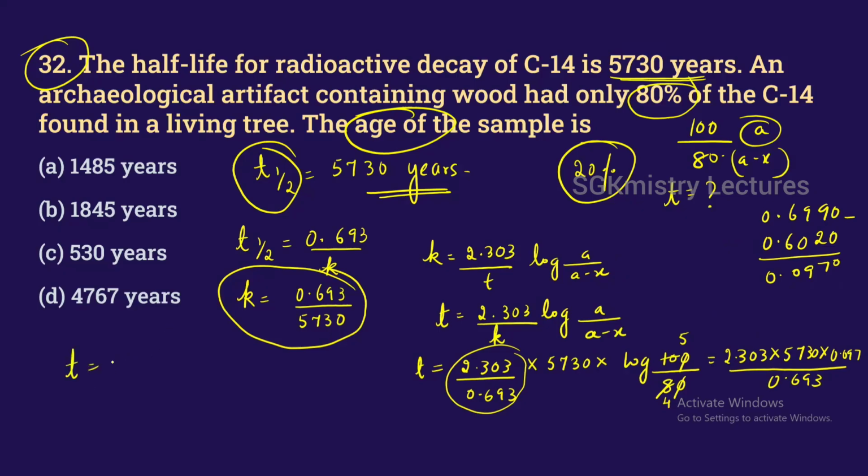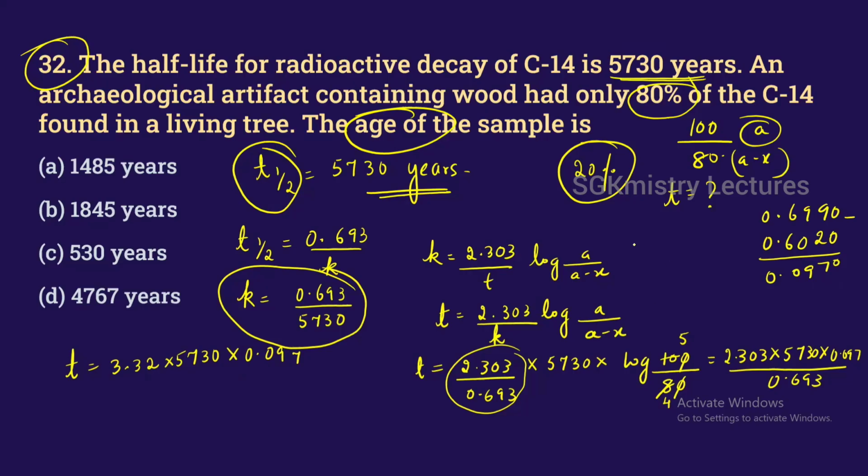So this is almost equal to 3.32. So I'll write it directly: 3.32 into 5730 into 0.097, right? So now let me find out 5730 into 3.32.